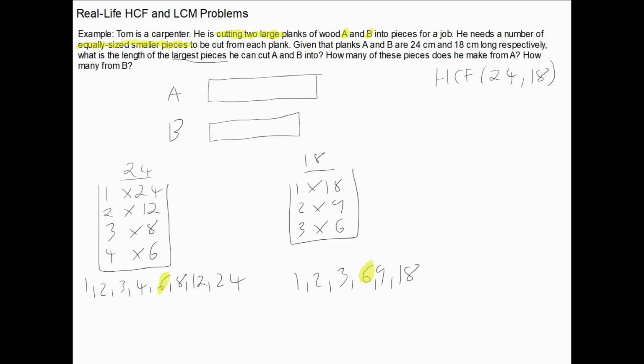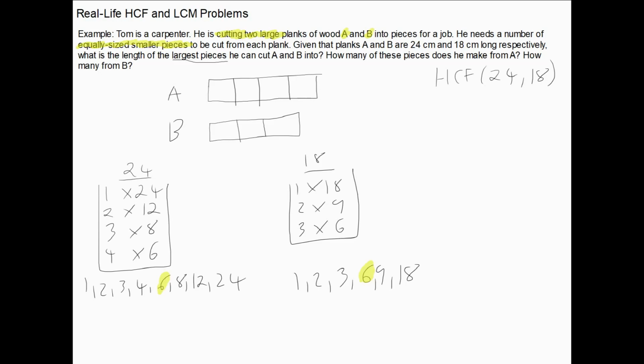And if you imagine we cut A into pieces of length 6 centimeters, we would have 1, 2, 3, 4 such pieces. So A is cut into 4 equal pieces, and B is cut into 3 equal pieces.